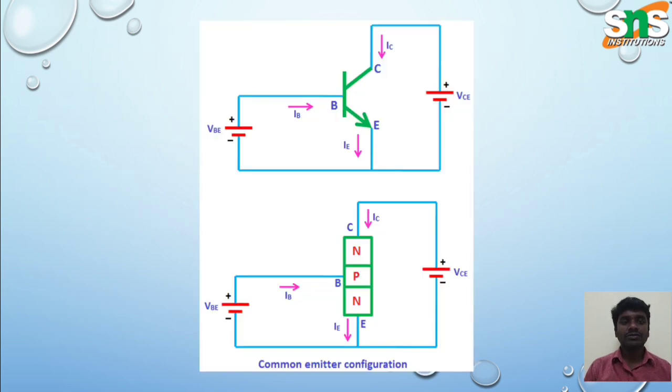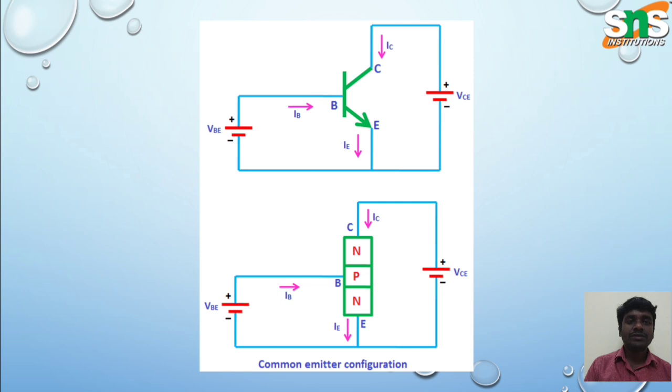This is a circuit diagram for common emitter configuration. Here, through the base is the input voltage, and through the collector is the output voltage. The emitter is connected to ground, with both batteries VBE and VCE.